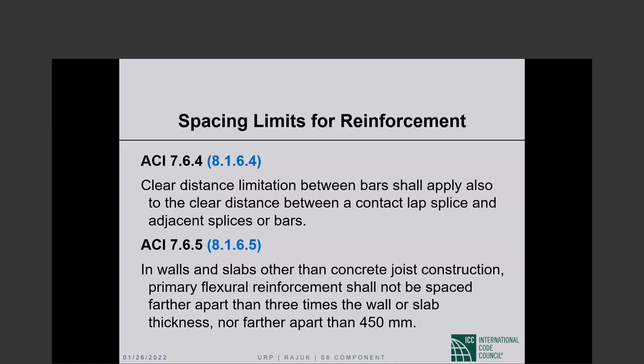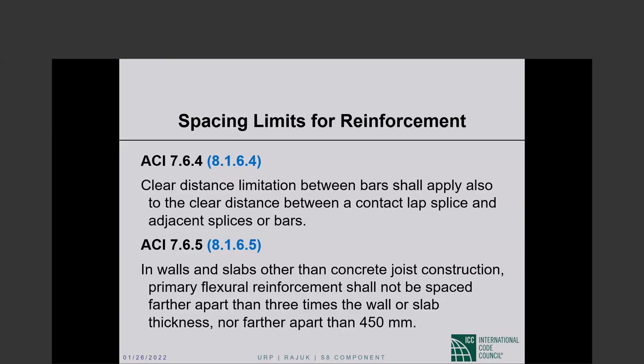In walls and slabs other than concrete joist construction, primary flexural reinforcement shall not be spaced further apart than 3 times the wall or slab thickness, nor further apart than 450 millimeters. Yesterday, I think we saw in two-way slabs 2 times the slab thickness and 300 millimeters.